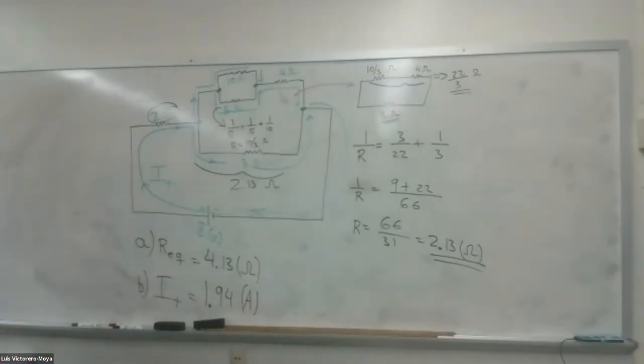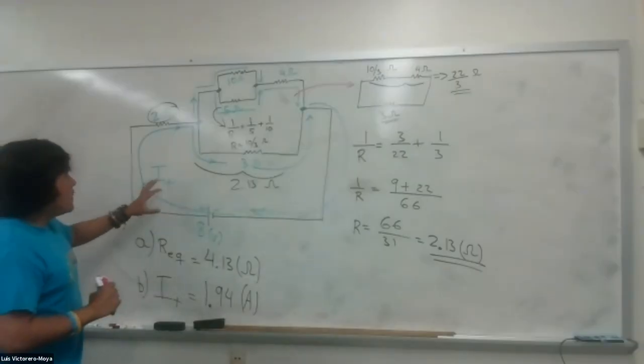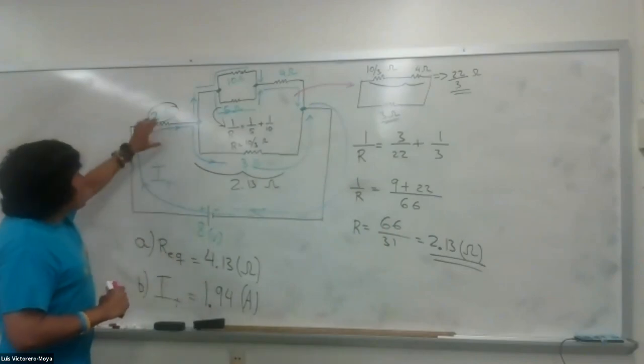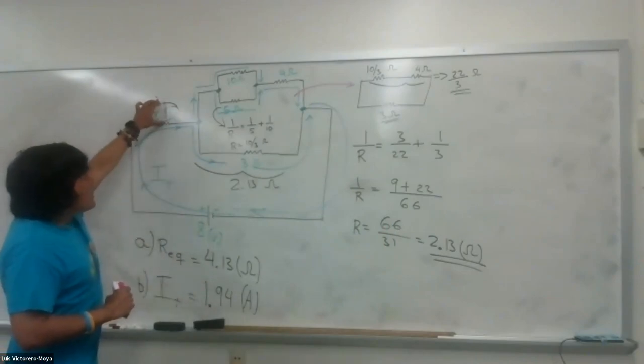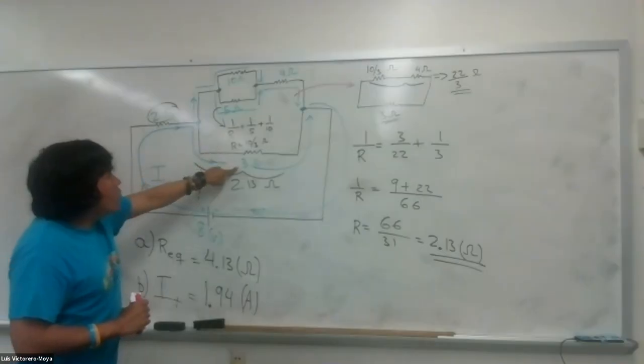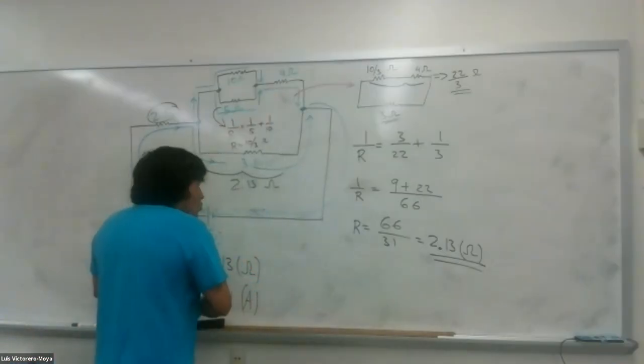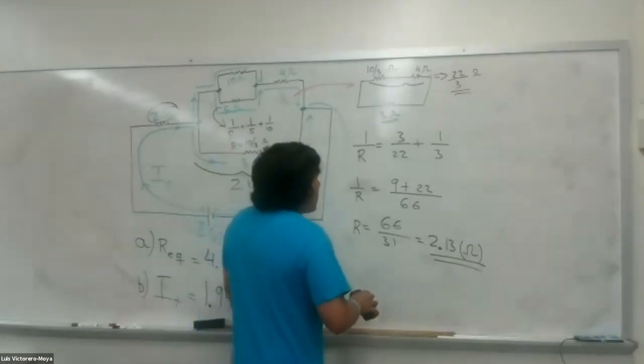Because this circuit is longer, or is more difficult, the only thing that you could be asked, once you finish this, will be to find the current here and find the current on 3 and 4 amperes. So let's ask those questions. All right.